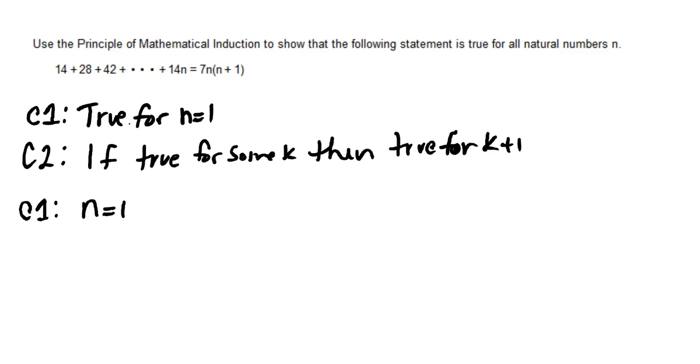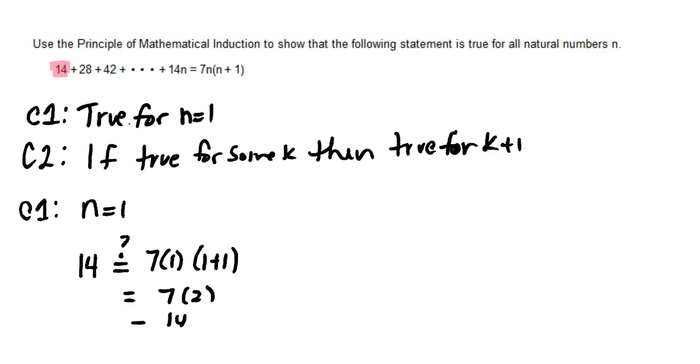Since n equals 1, we're only adding the first term of 14. So the left-hand side is 14. We want to see if that equals the other side of the equation, where we have 7 times 1 times 1 plus 1. That's 7 times 2, which is 14.